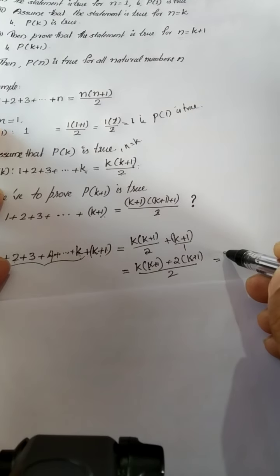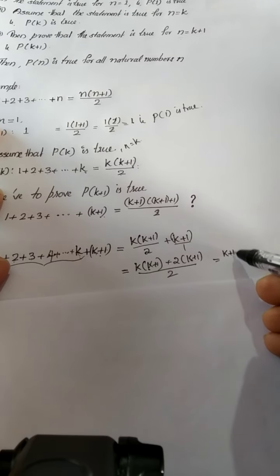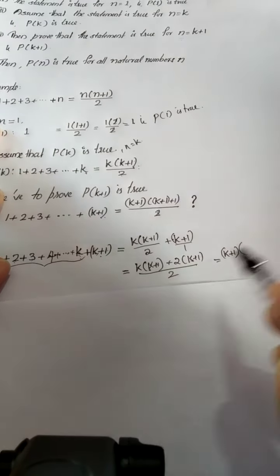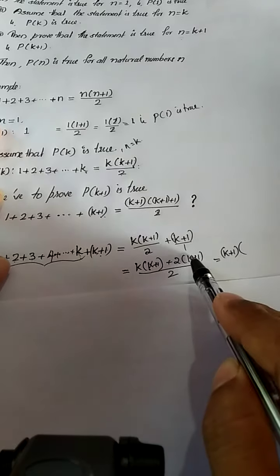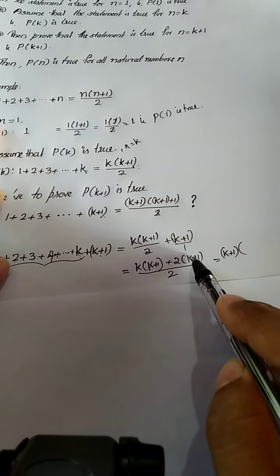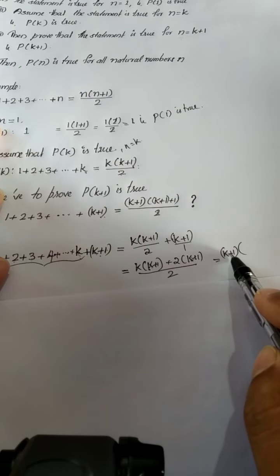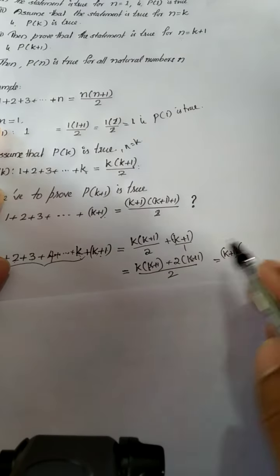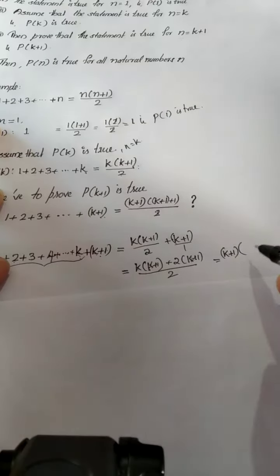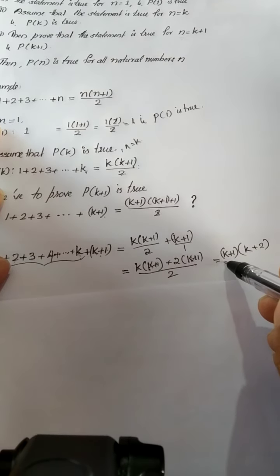This is a common term, so I'm taking the common term k plus 1 outside. The remaining, in the first term we have k, and in the second term the remaining term is 2 divided by 2.